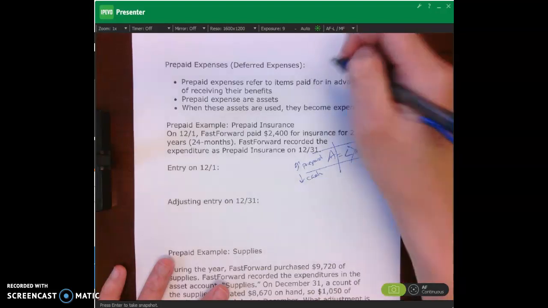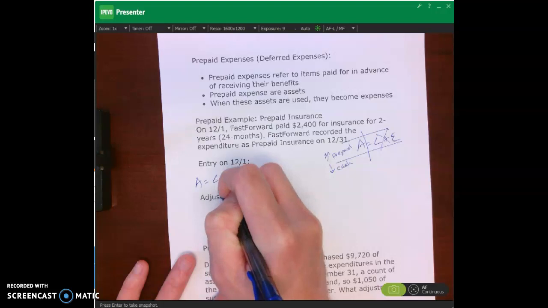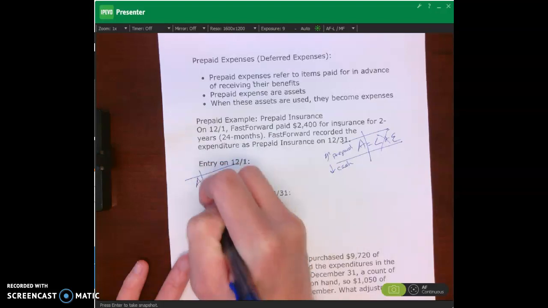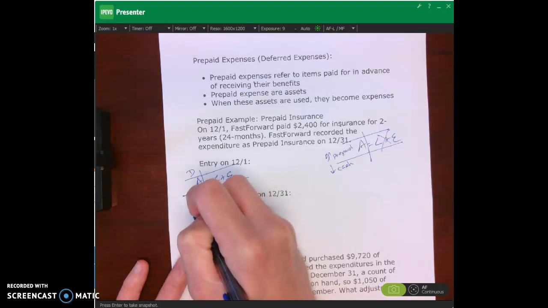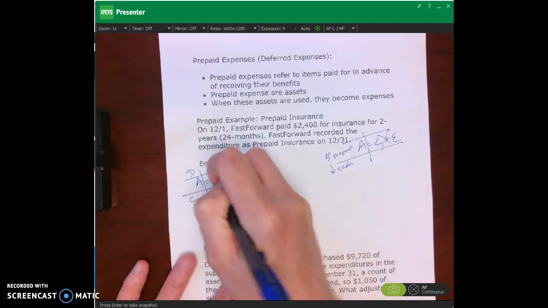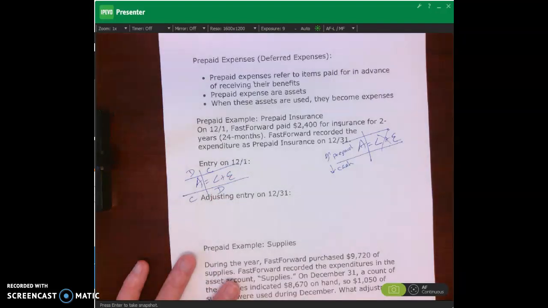So if you recall, in terms of our debits, credits, I've got my assets equals my liabilities plus my owner's equity. I've got debits to increase assets, credits to decrease assets, credits to increase liabilities and equity, and debits to decrease liabilities and equity. Okay?